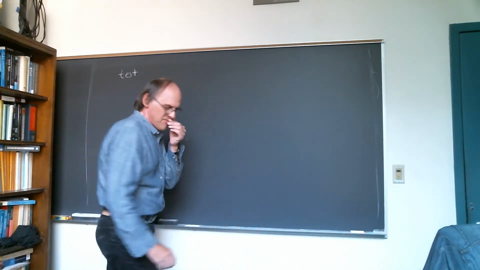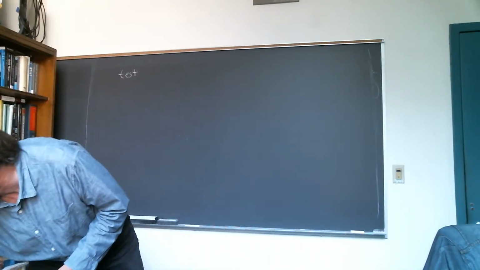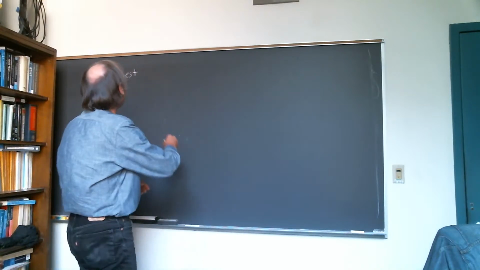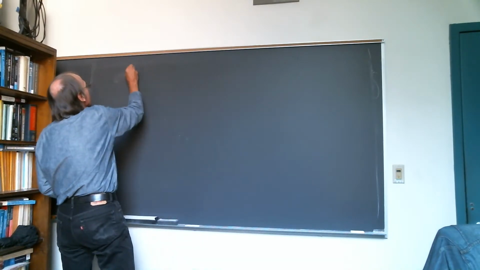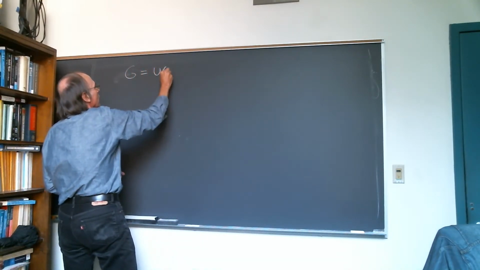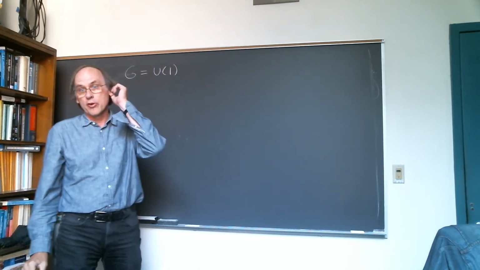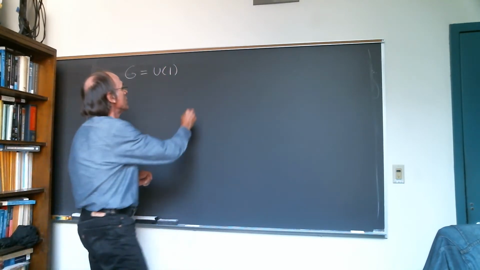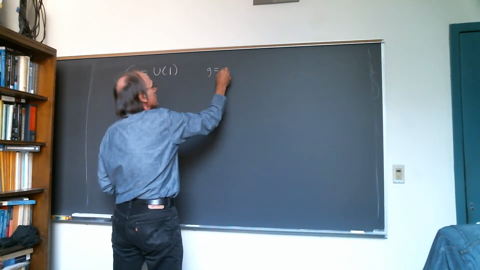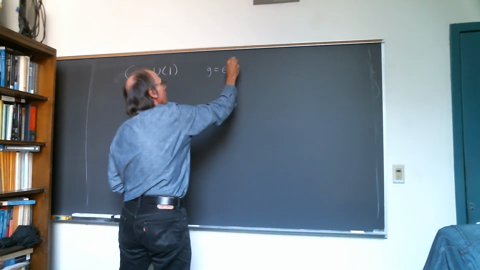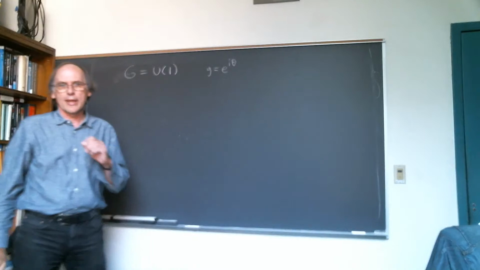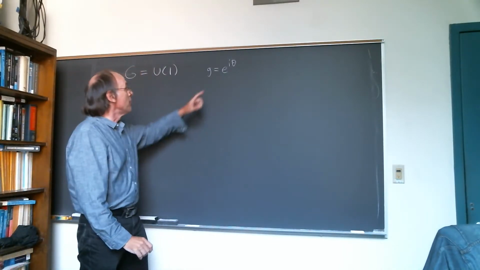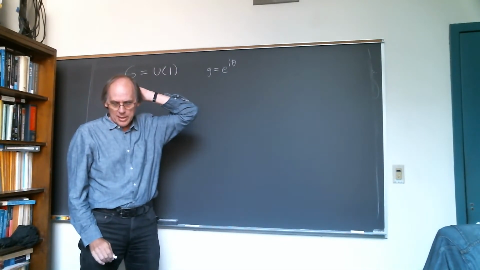Okay. So the basics. What you should take away from last time is we're looking at the group G equal to U1, and the elements of the group U1 are unit length complex numbers, e to the I theta, under multiplication.